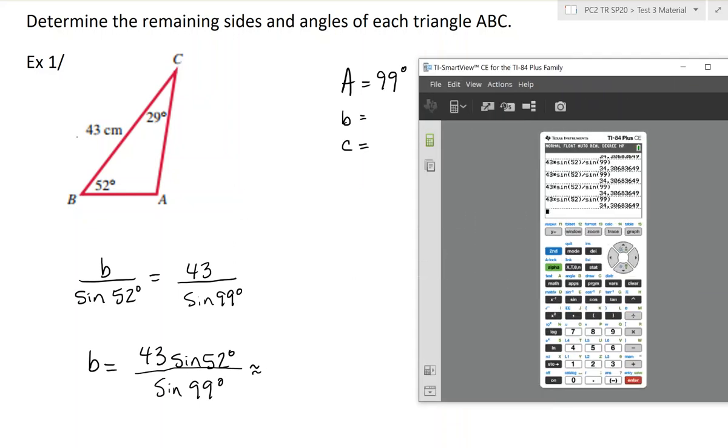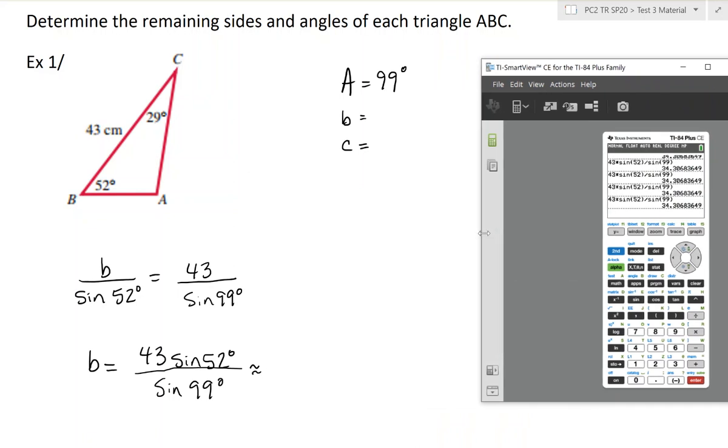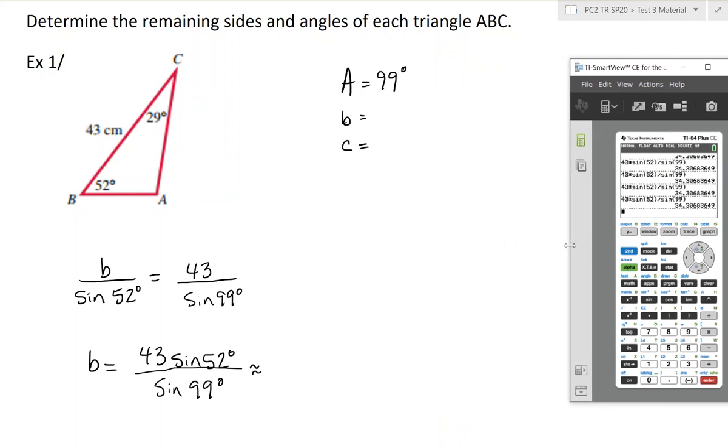They put this into the nearest whole centimeter, so let's go ahead and do that with this as well. So b is approximately 34 centimeters. Don't forget your label.